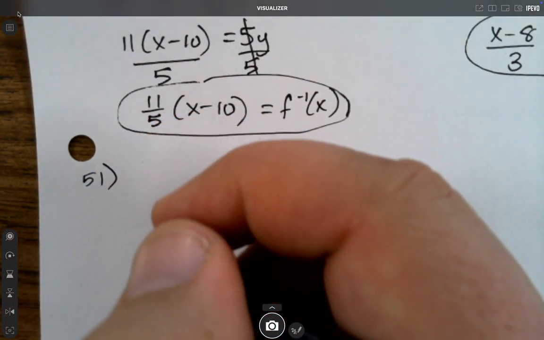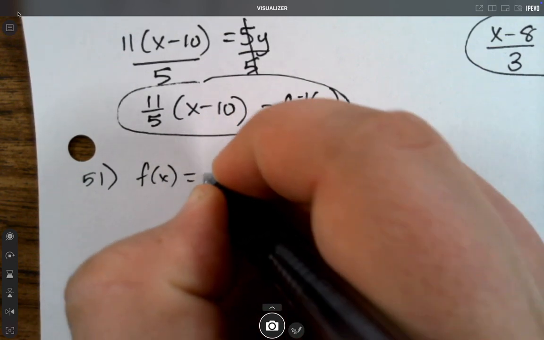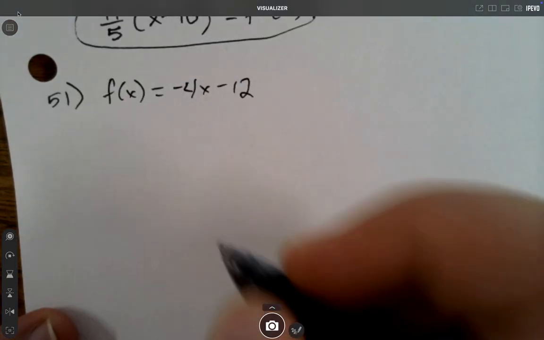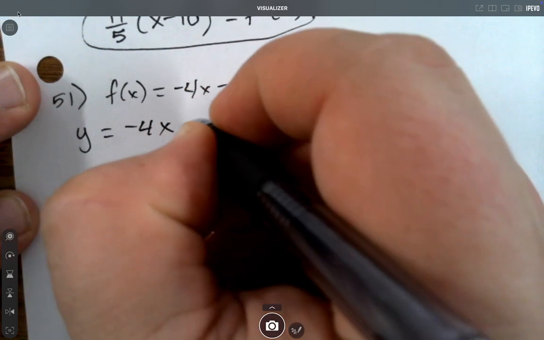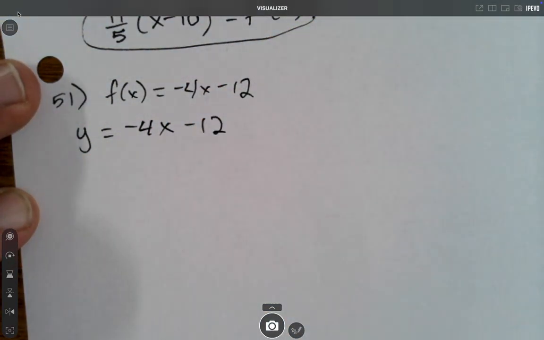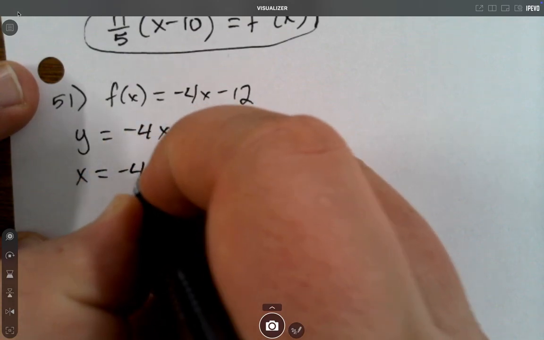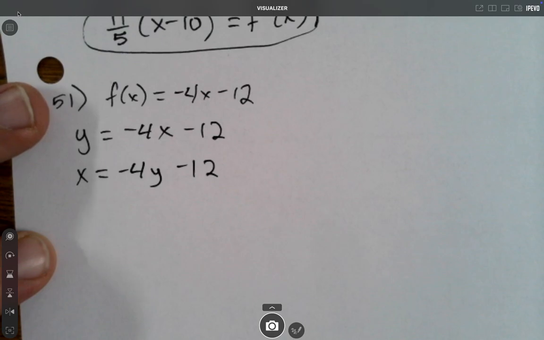51, f of x equals -4x minus 12. We change the f of x to a y. We swap the x and the y. And then we get the y by itself.